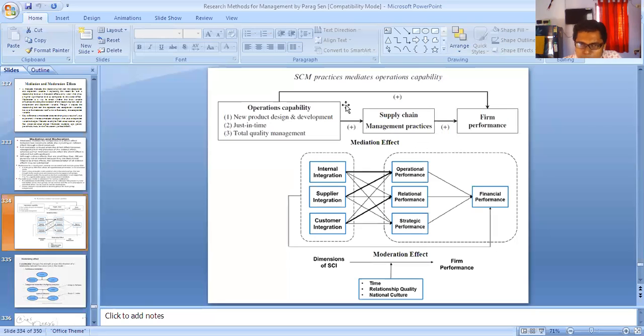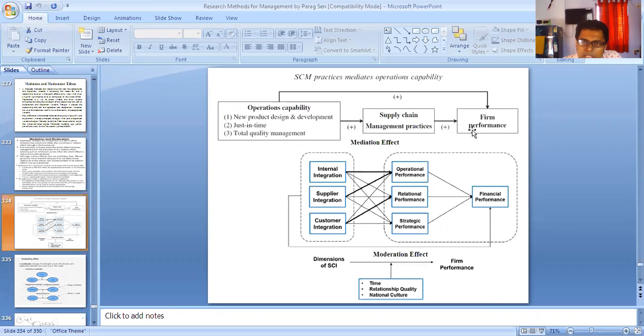Okay. If there is only operations capability, suppose it will be improving the firm performance. But if you incorporate the supply chain management practices in this relationship, then the firm performance will be much more improved. Okay. So this is actually known as the mediation effect.